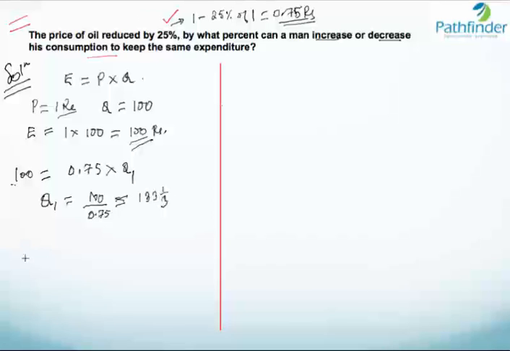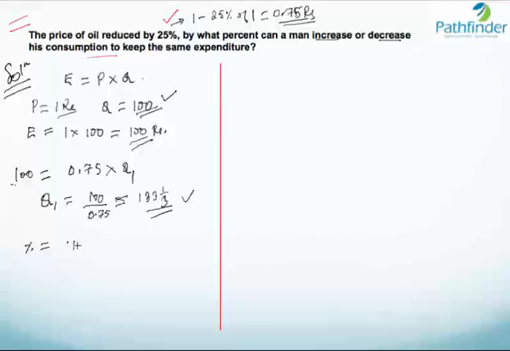Now what does that mean? That because the price is reduced, the consumption has increased to 133 1/3 units. And what is this percentage increase given by? The percentage increase is given by the difference of the two consumptions, the new consumption and the old consumption, in the numerator.